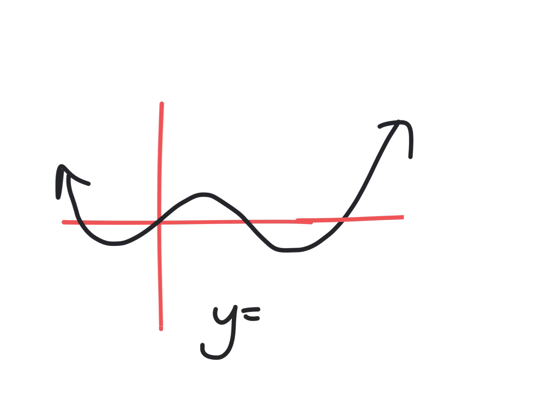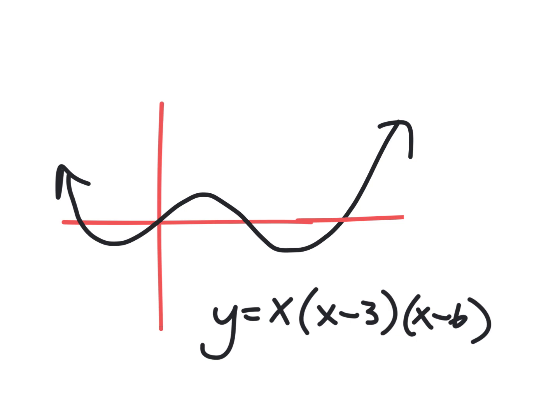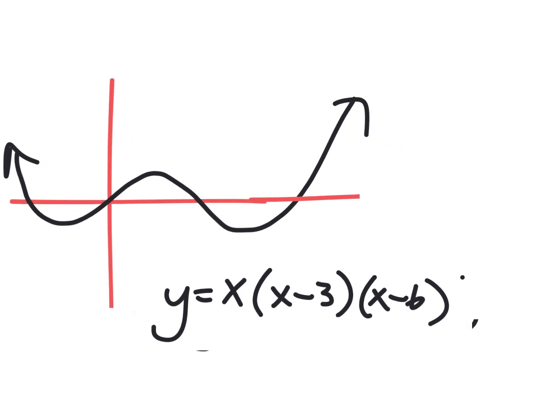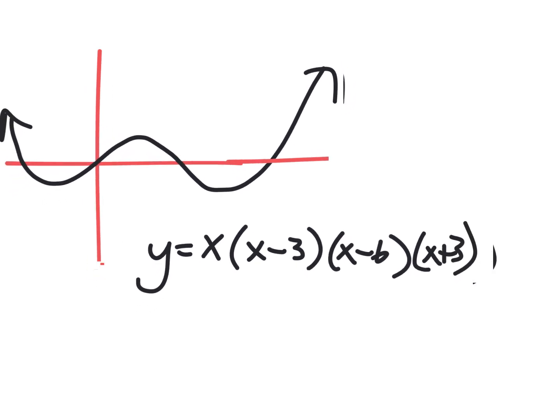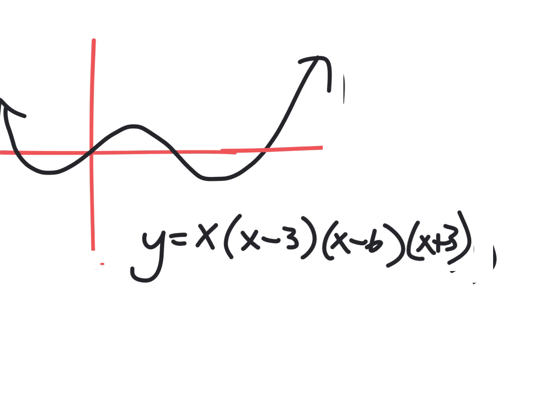Everybody write out what you think the equation is. And I think it has an x, and then an x minus 3, and then an x minus 6. And then I think it has one more, an x plus 3. Can you prove I'm wrong?